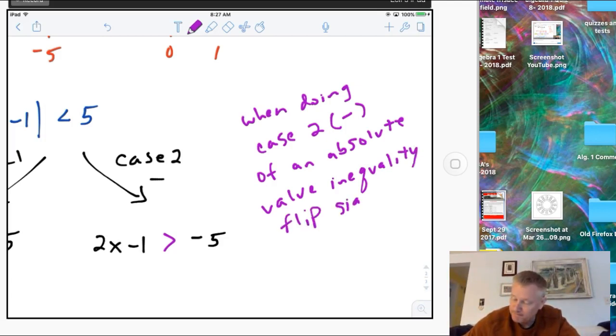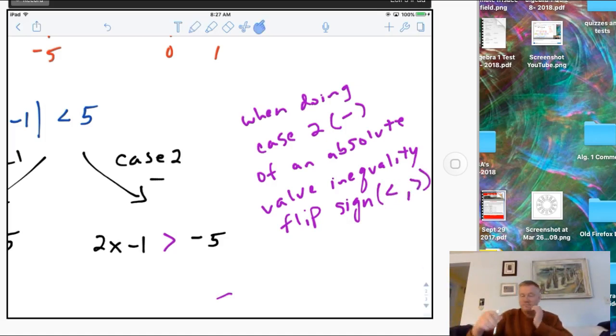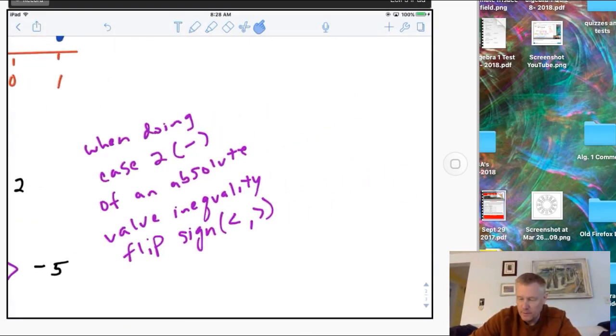Flip the sign. Okay, when I say sign, that means the greater than or less than symbol.